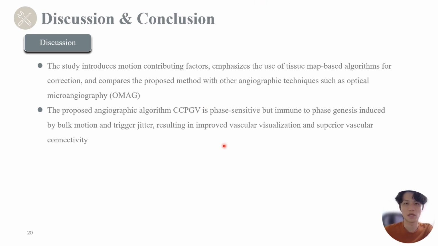And the proposed angiographic algorithm CCPGV is phase sensitive but immune to phase changes induced by bulk motion and trigger jitter, resulting in improved vascular visualization and superior vascular connectivity.